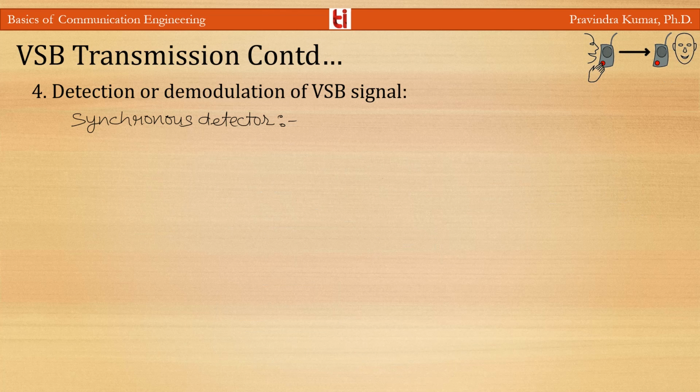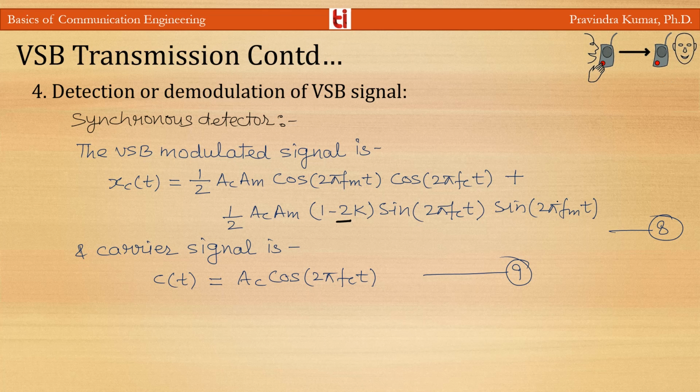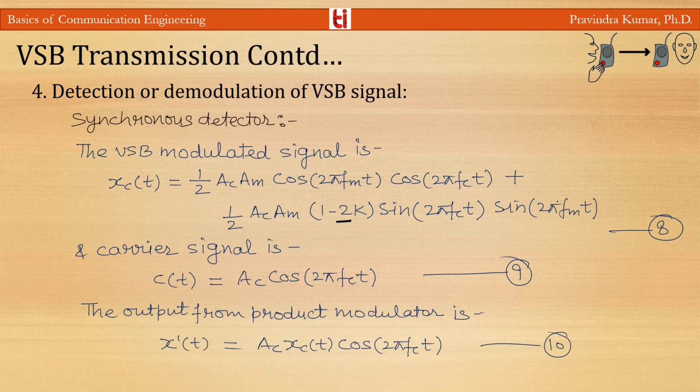So here the VSB modulated signal is 1/2 Ac Am cos 2πfmt cos 2πfct plus 1/2 Ac Am (1 − 2k) sin 2πfct sin 2πfmt. Then the carrier is Ac cos 2πfct, and perfect coherent detection gives the product signal x'(t) = Ac xc(t) cos 2πfct, where xc(t) is the VSB signal.